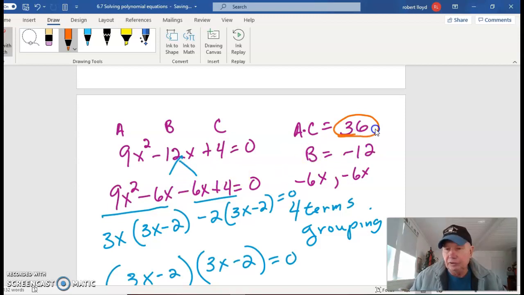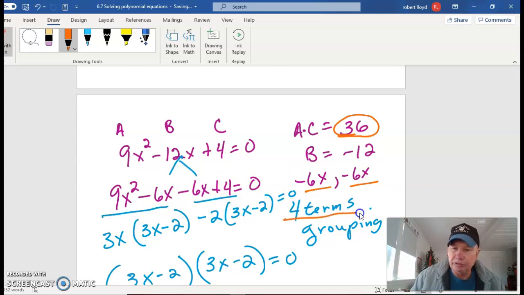The B value here is -12. So two factors of the 36 that make up -12 are -6x and -6x. These are the same, so it really doesn't matter what order we put these in. So we're replacing the -12x with -6x and -6x.